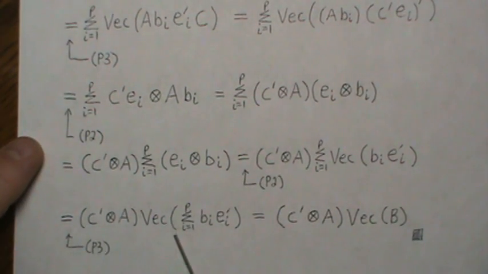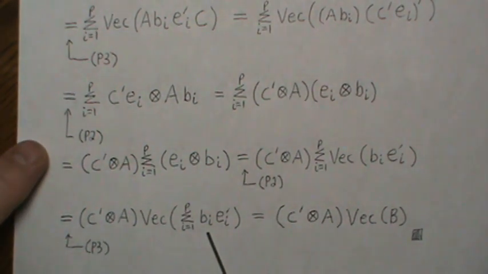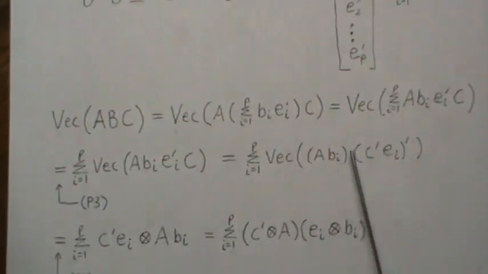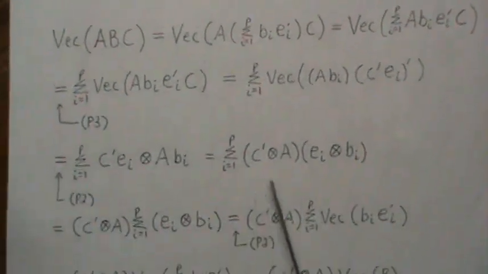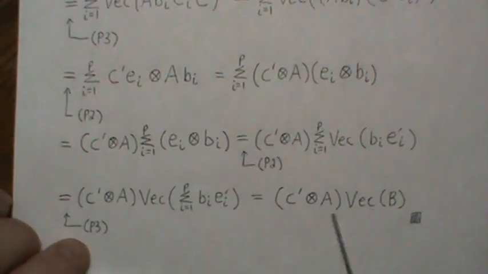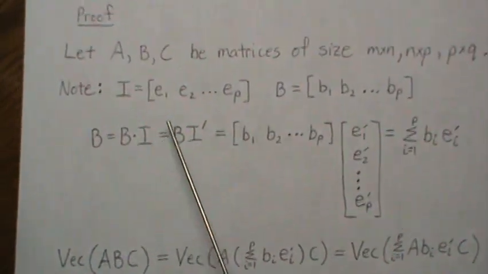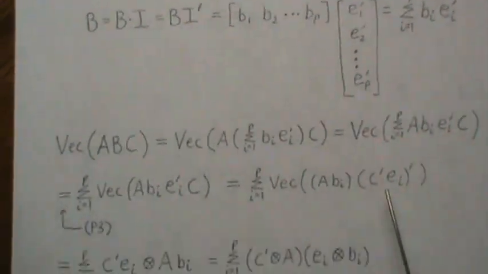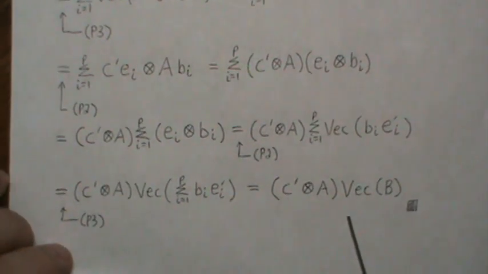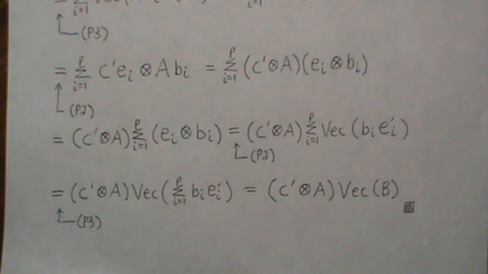That's by property 3. And this right here we said was B initially, right? So this is B. And this is what we wanted to show initially. So we're done.